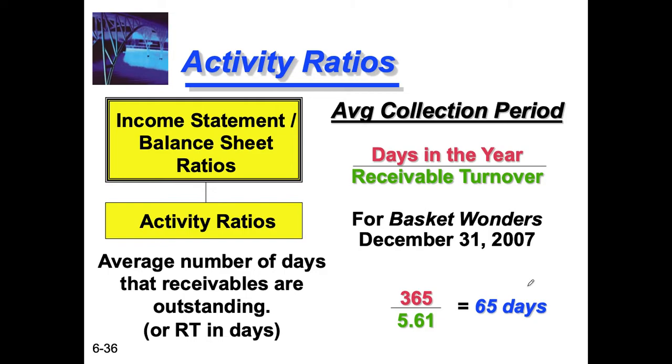And then the other variable for activity ratio is average collection period. The formula is days in the year per receivable turnover. Average collection period is the average number of days that receivables are outstanding.